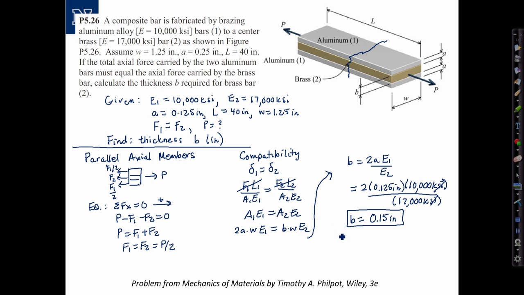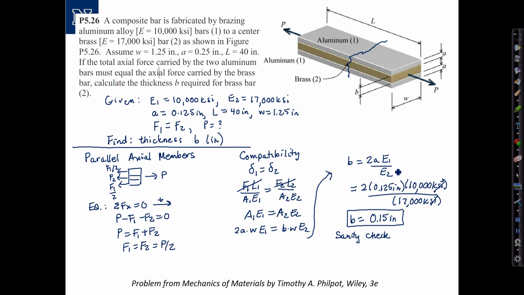What's our sanity check here? Well, I note that the thickness of B is on the order of the thickness of A, so that makes sense. It gives me some confidence. I also note that the total thickness of the aluminum bars is greater than the total thickness of the brass bar.